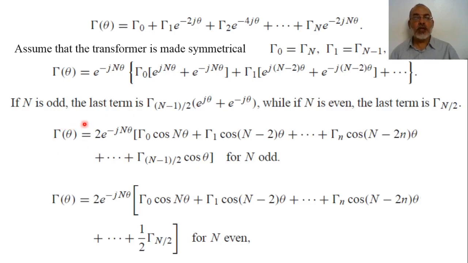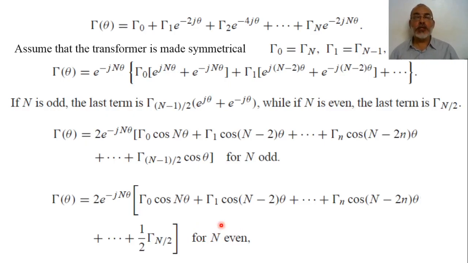So gamma as a function of the frequency, or as a function of theta, can be represented as a series of cosine n theta, where n equals 1, 3, 5, and so on until we reach n if n is odd, or 0, 2, 4 until n if n is even.